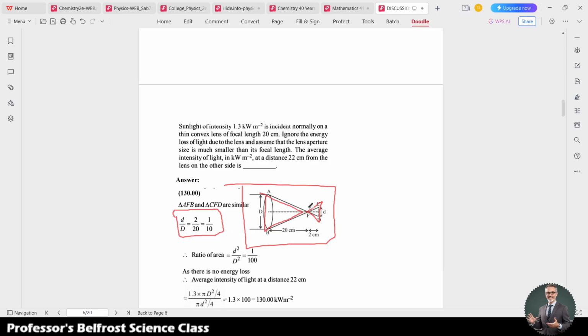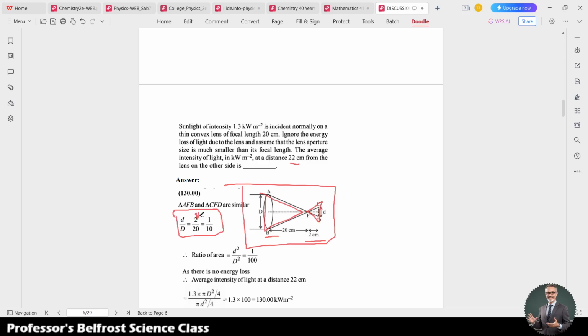So d lowercase by D capital equals, yeah, we have been given in this sketch, 2 by 20. Where we obtain this 2? Because it is said that the distance is 22 centimeters on the other side. So 22 centimeters minus 20 centimeters, it becomes 2.